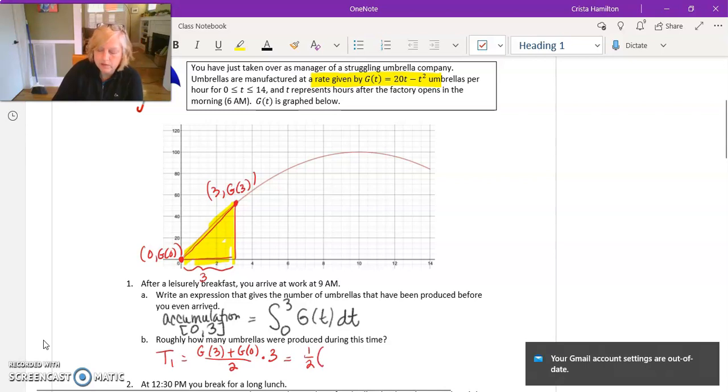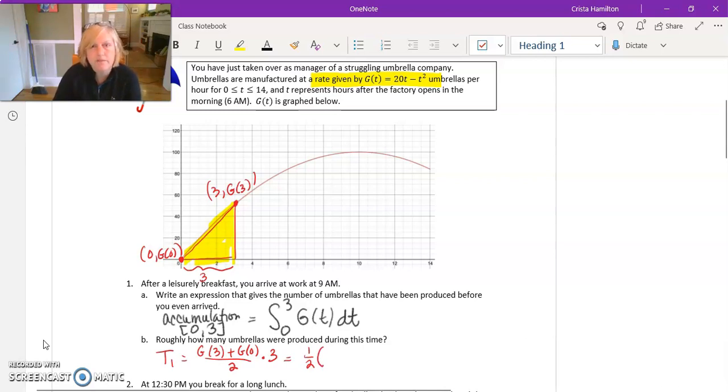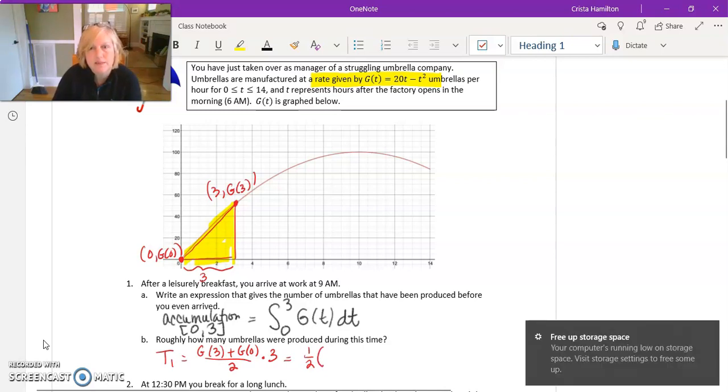using our formula, 20t minus t squared. 20t minus t squared gives us 51 for this value right here. So it's going to be 1/2 of 51 times 3, and you'll see that that's exactly the same as the area of that triangle, which is a fairly good approximation for this.